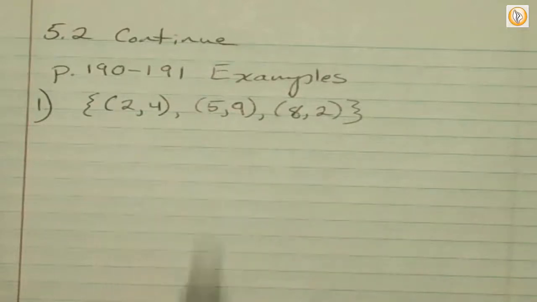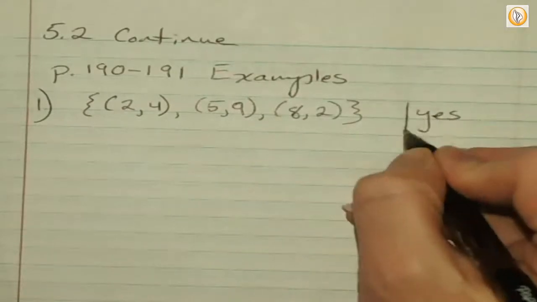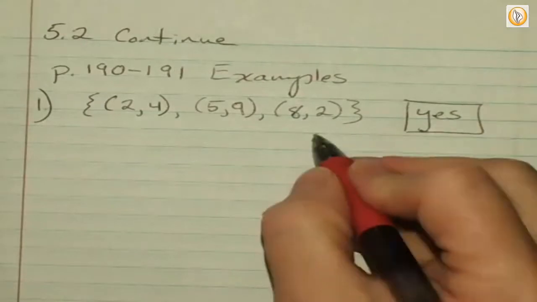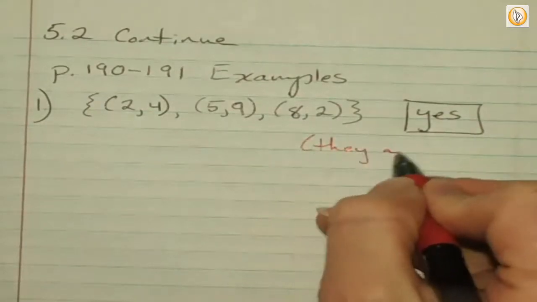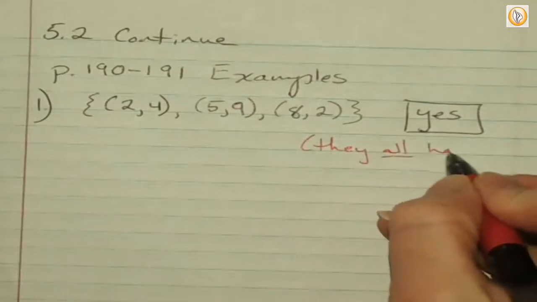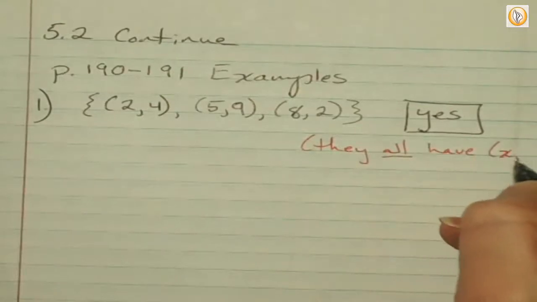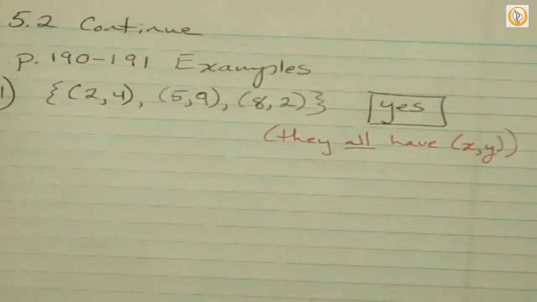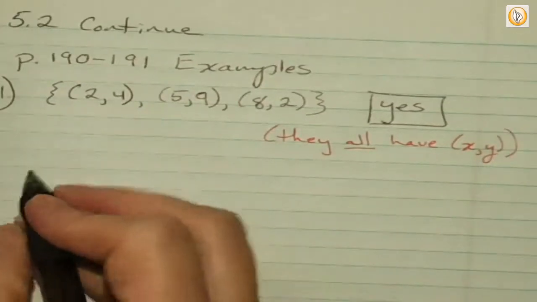So is this a relation? Yes, it is. And that's all you put. It is yes because they all have an ordered pair, a perfect ordered pair. There you go. Isn't that easy?